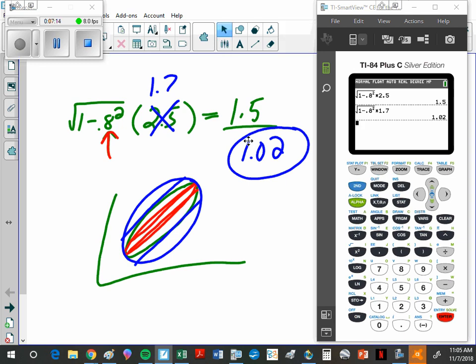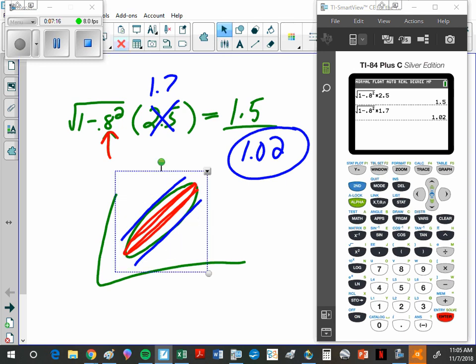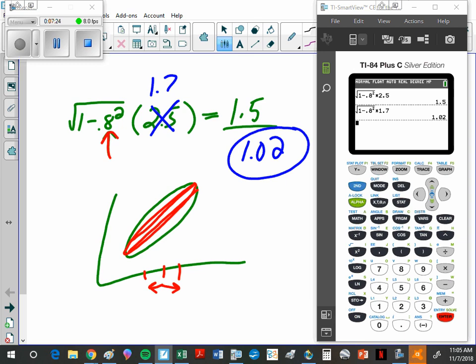So if I go to my original graph, the variation of x's, the distance to do one SD, is smaller than the distance to do one SD on the y's. The x's are less spread out than the y's.